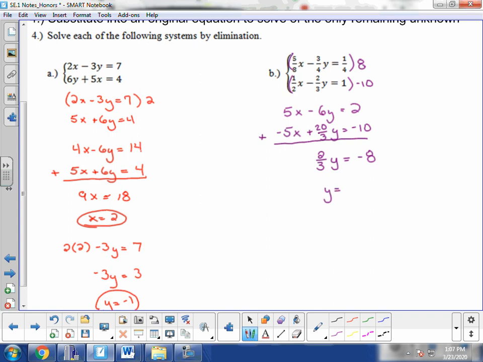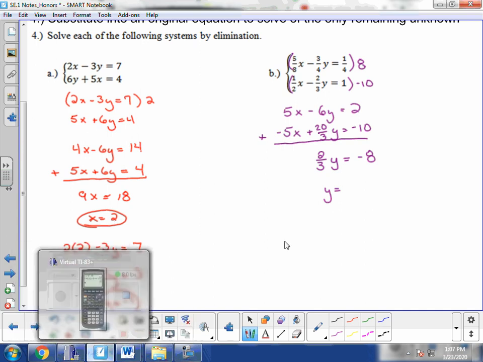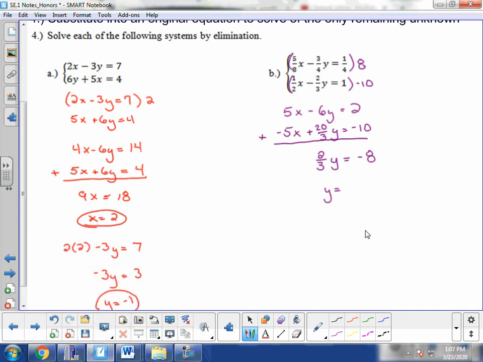So y would actually not be -15. Y would actually be -24 divided by 2, which would be -12. So y should be -12, and then if I substitute into either equation here, either one would work.